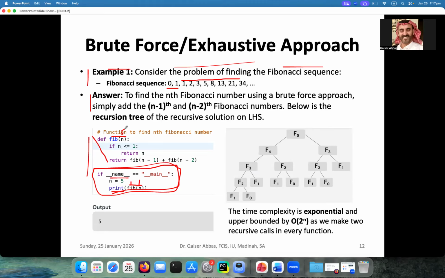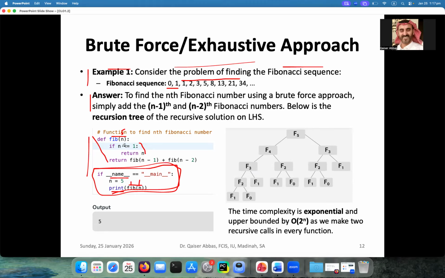Here we are checking if n is less than or equal to 1. If n is 1 or 0, this condition would be true, and you are returning n. So for 0 and 1, you are returning these numbers from here. This is called the base case.